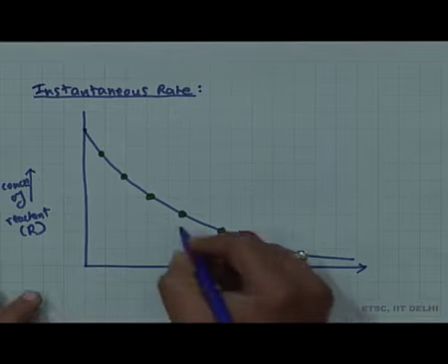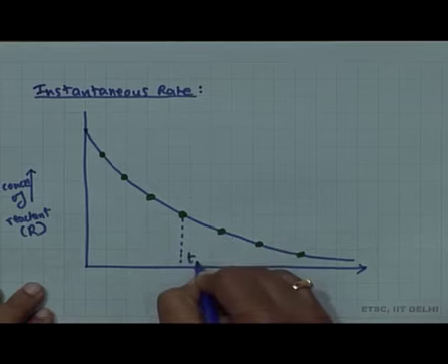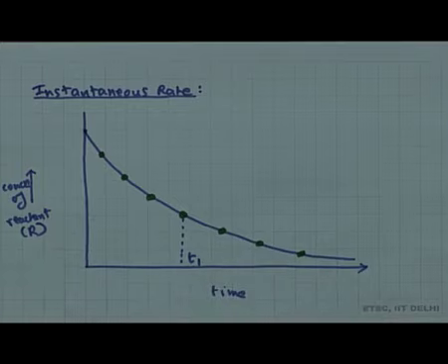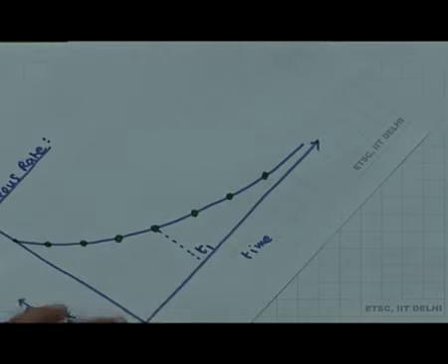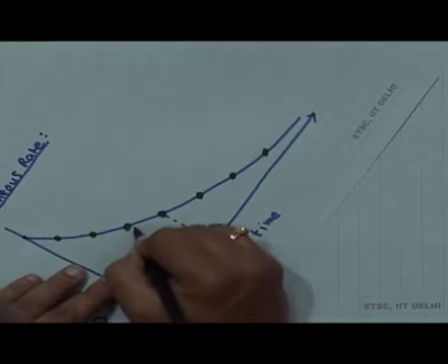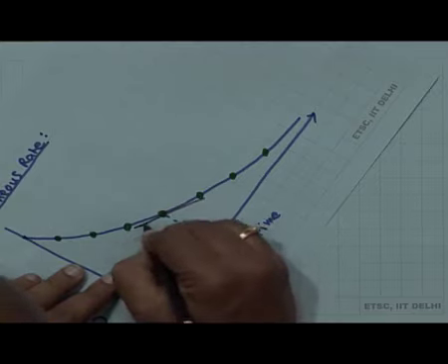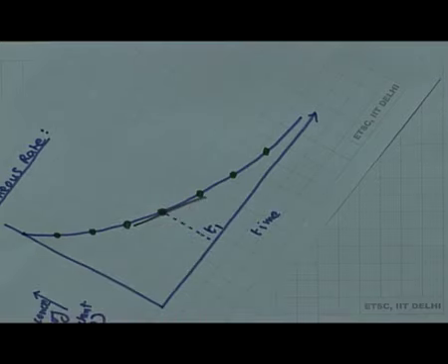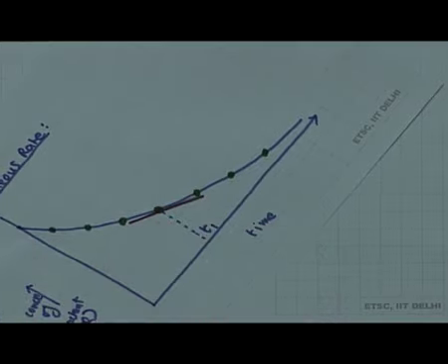What is the rate at this time point, which in this case is t 1? So, what I would do is draw a tangent right at this point, if I can draw it properly.